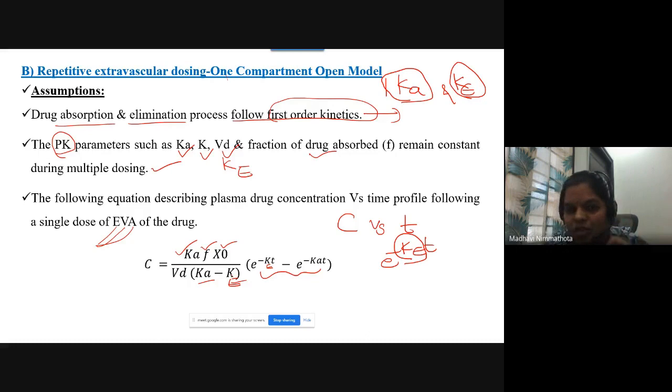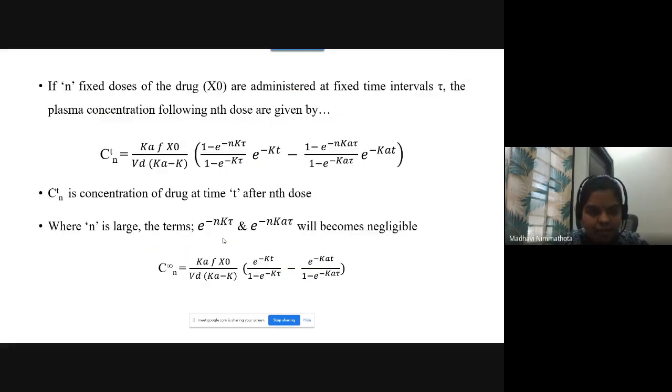Here we are using two processes, so we will get two exponential forms, one for each: the elimination exponential form and the absorption exponential form. So this equation describes the plasma drug concentration versus time profile following a single dose of extravascular administration of your drug.